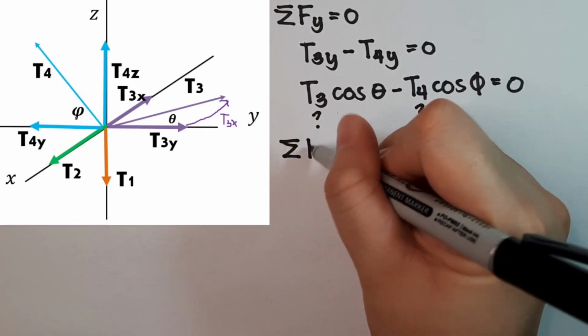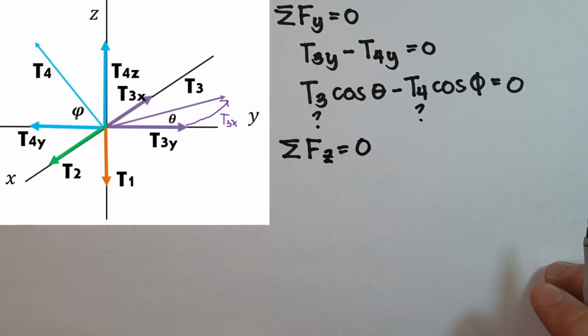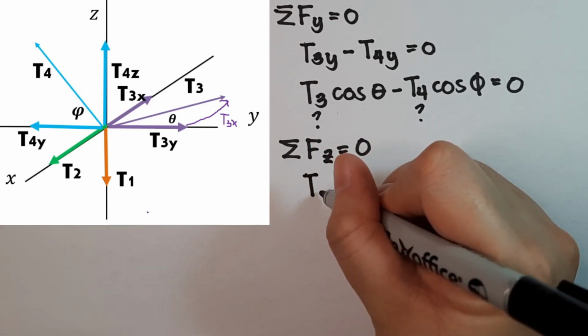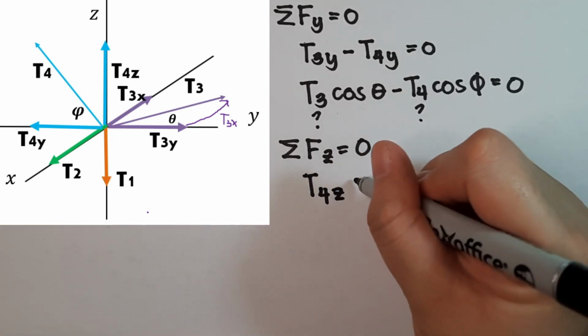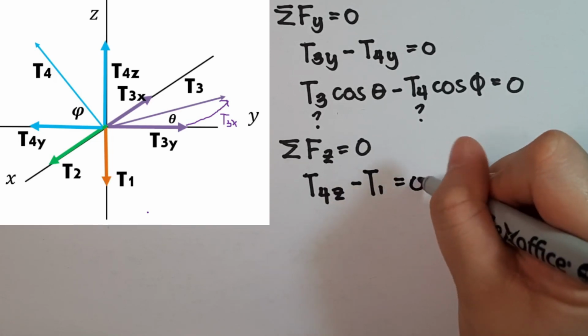So the summation of forces now on Z is equal to 0. If we check, how many forces do we have along Z? We have T4Z, that is positive, and T1. So let's write first T4Z, that is positive, then minus T1 is equal to 0.